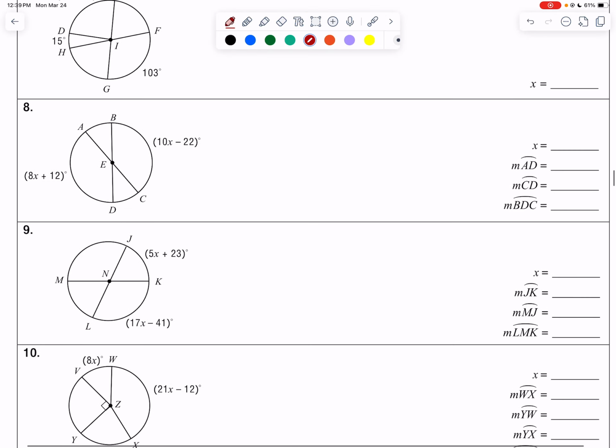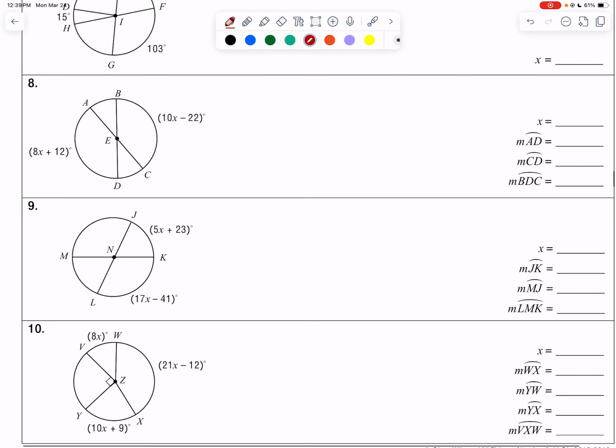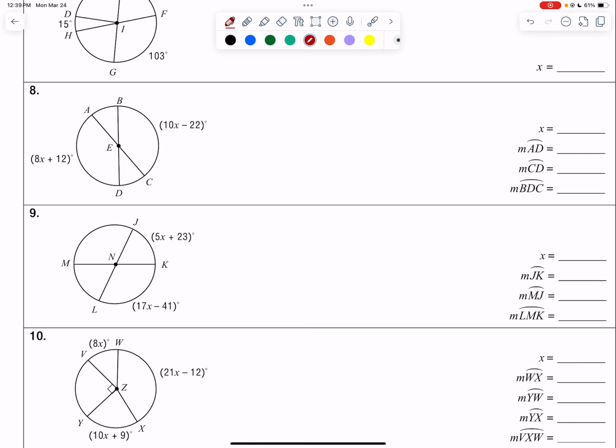All right. Now, something like number 8 here, where we want to find x and then the measurement of the arc, we'll have to find x, and then we'll substitute it to get the measurement of the arc AD, and then arc CD, and then the measurement of arc BDC.